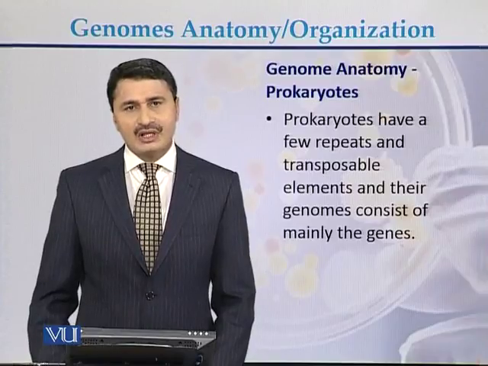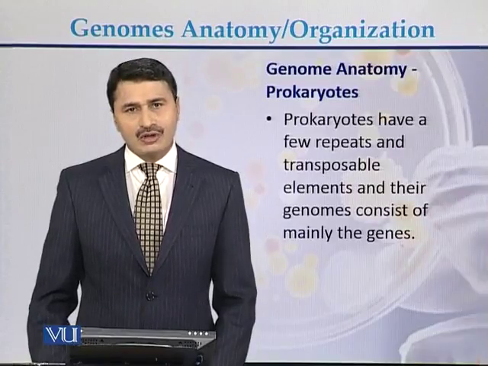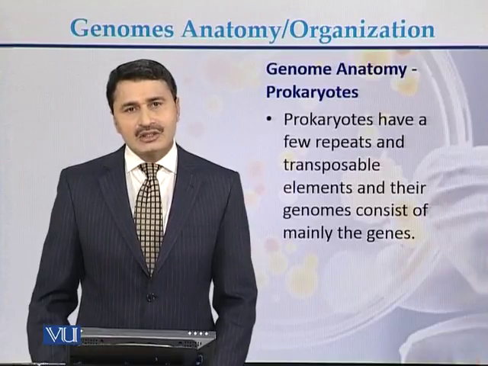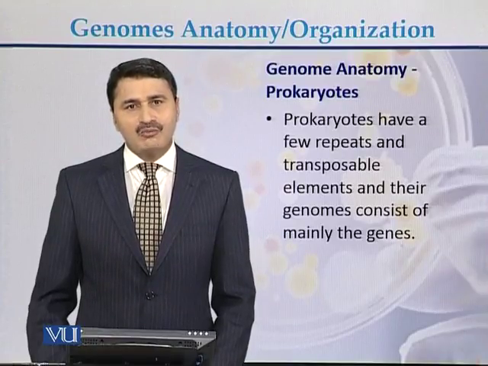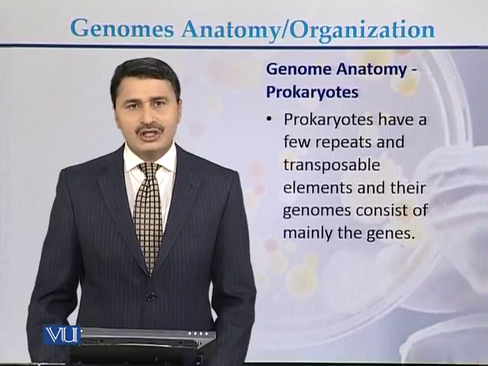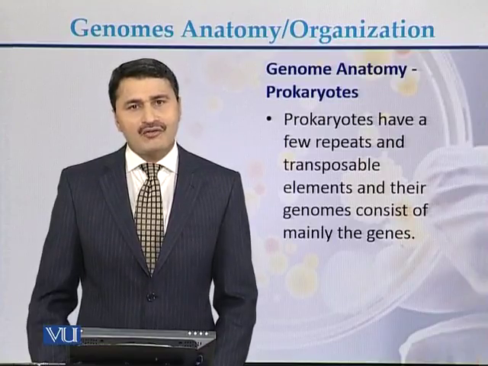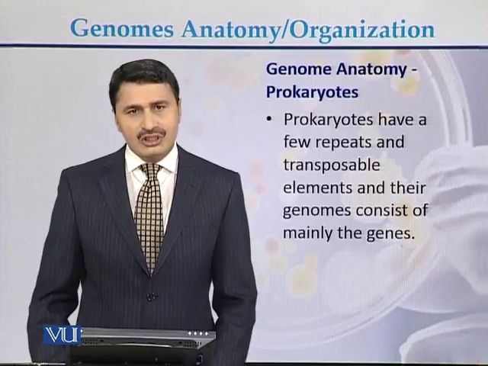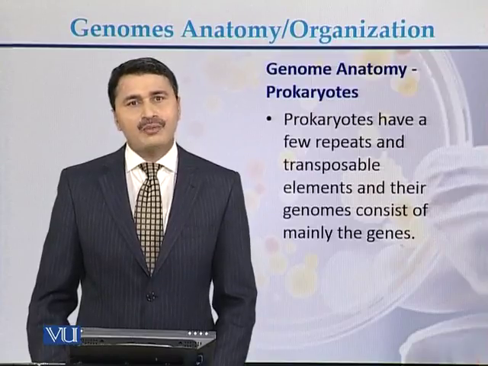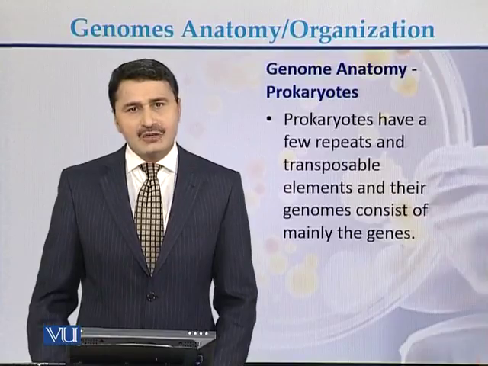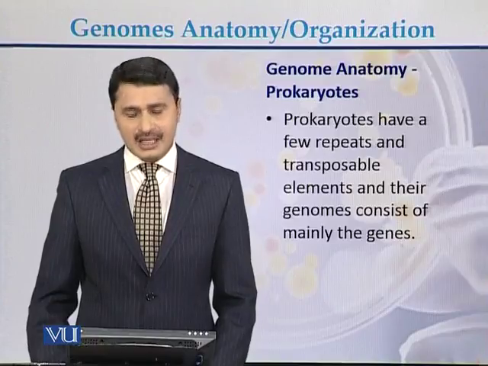So this is the difference: in prokaryotes, the most part of the genome consists of genes, although a small number of repeats are also seen. But in eukaryotes, the major part of the genome consists of repeated DNA.